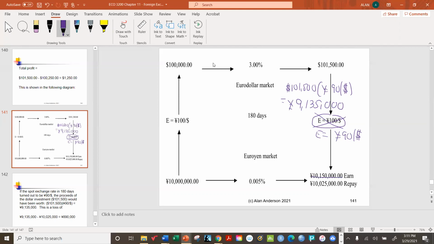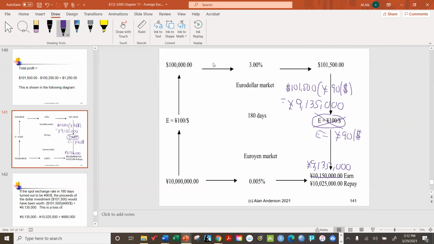So our earnings are 9,135,000 yen. So guess what? We just lost quite a bit of money, as a matter of fact. Let me just figure out the difference. That's 890,000 yen, about 10,000 US dollars. So that was our biggest fear.